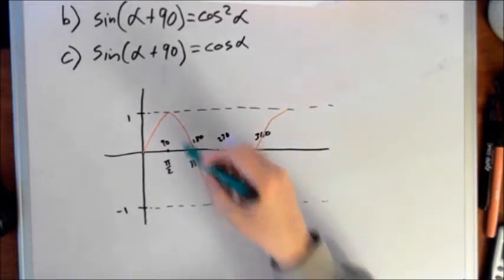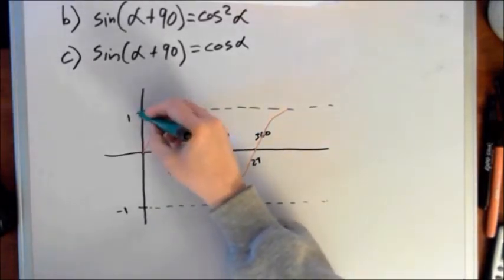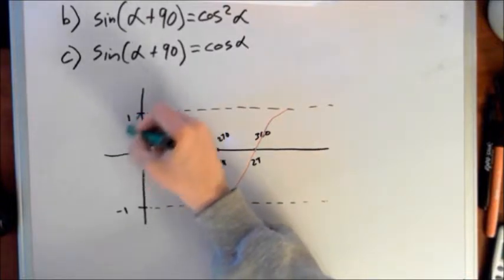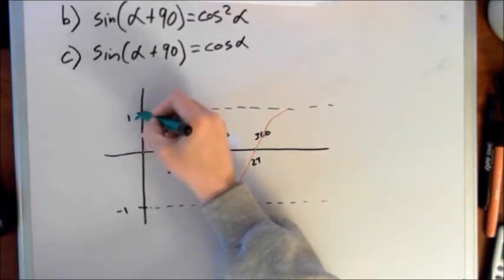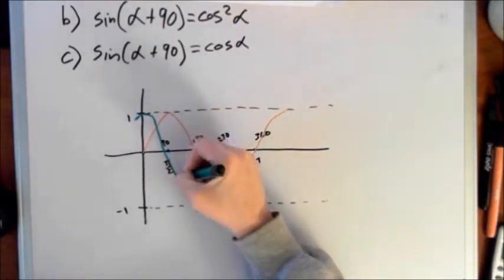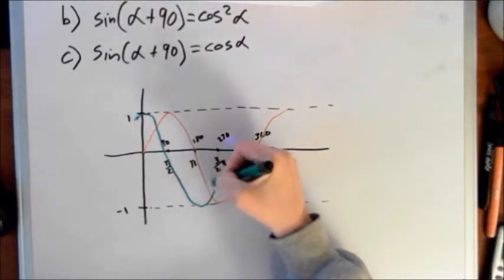Now let's look at cosine. Cosine is different in that it starts at 1.